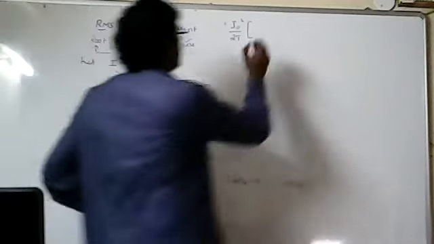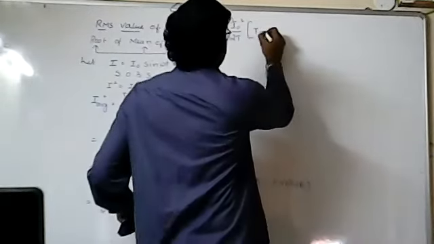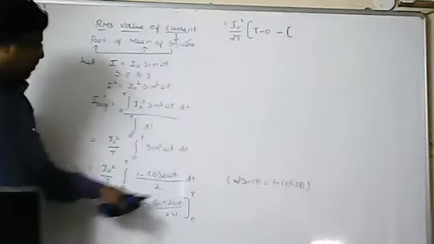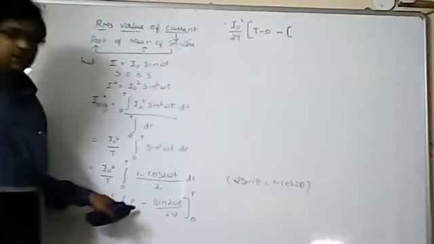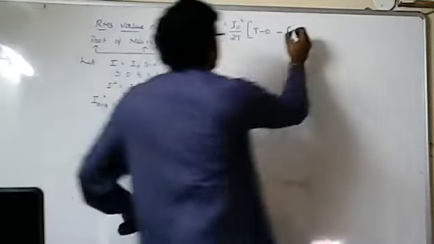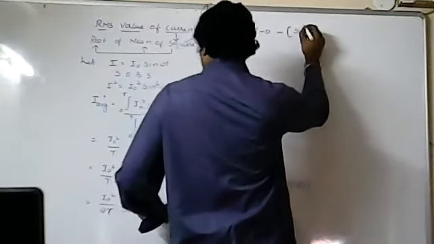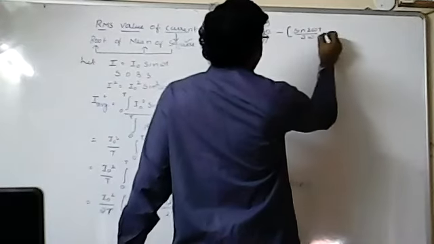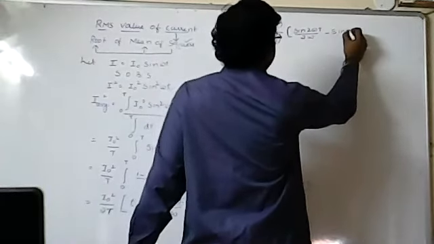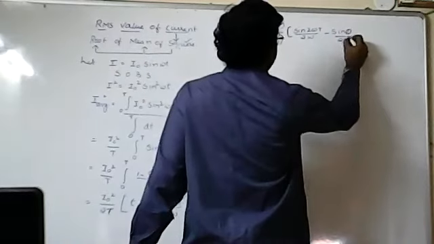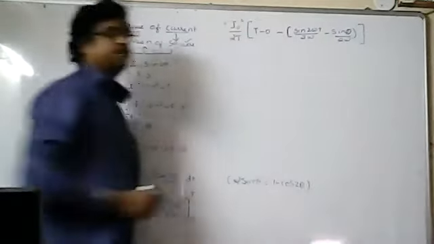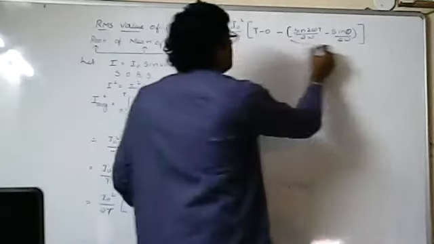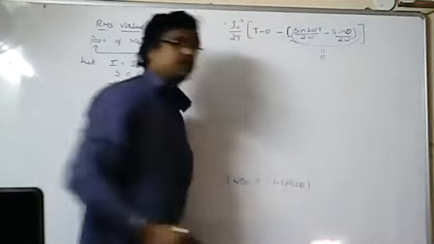In the first case, apply the upper limit T minus the lower limit 0, minus here sine 2 pi, upper limit T by 2 pi, minus sine 0 by 2 pi. Sine 2 pi: remember this complete part becomes 0.